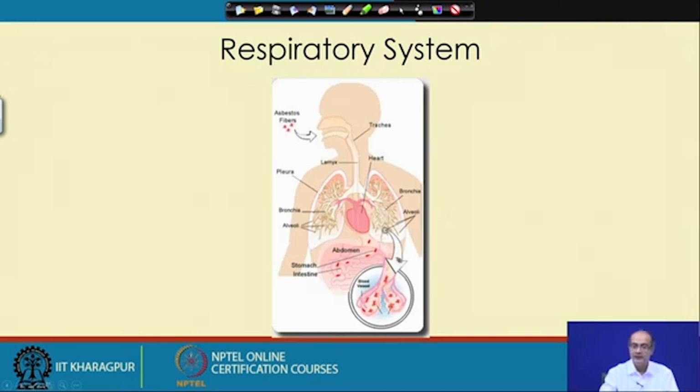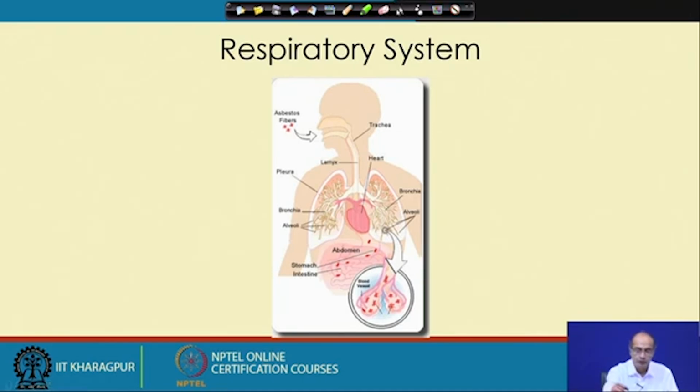After some time, the chest is squeezed, which increases the pressure inside the lung, and because of the high pressure, all the air that was inhaled comes out of the body. We call that exhalation. So we are breathing out, and this cycle keeps going, and that is the way we take oxygen from the environment and give back carbon dioxide, and both are very much required for our metabolism.